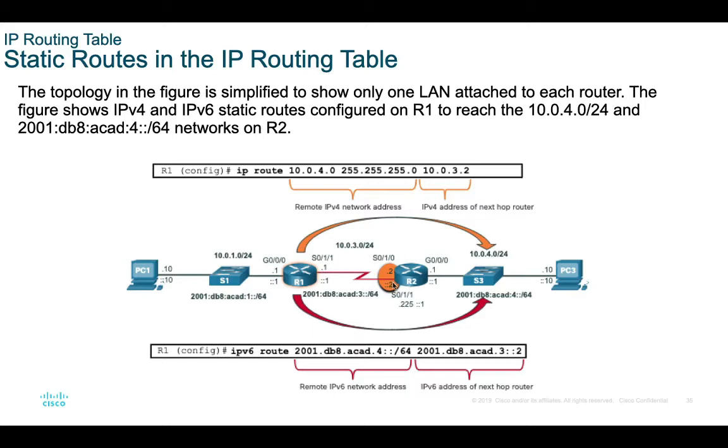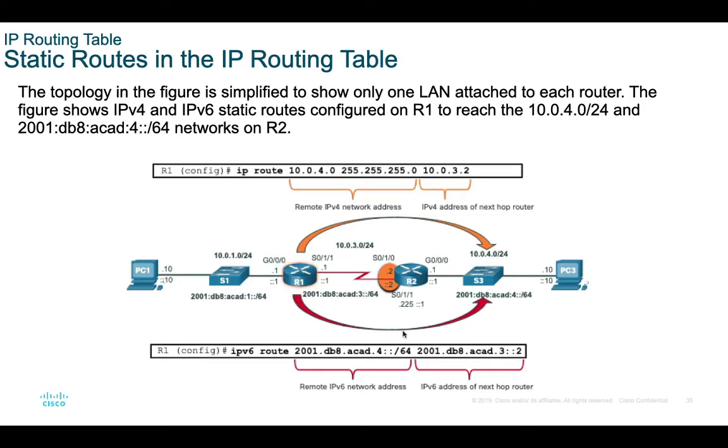The network connected to router 1 is 10.0.3.0, so it must be 10.0.3. What is the IP address of the interface of router 2? It is .2. So we put 10.0.3.2. Then we press enter, and it will be added inside our IP table.